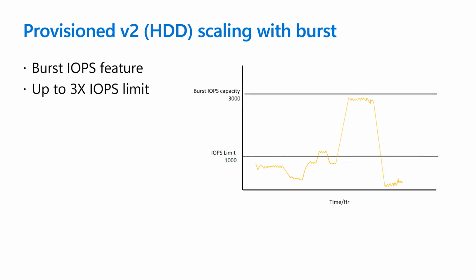For special circumstances requiring extra IOPS, the Burst IOPS feature offers up to 3 times the preset IOPS limits. Burst credits accumulate when the file share returns to regular usage, at a 1-to-1 ratio of each unused IOPS per second against the baseline provisioned IOPS.